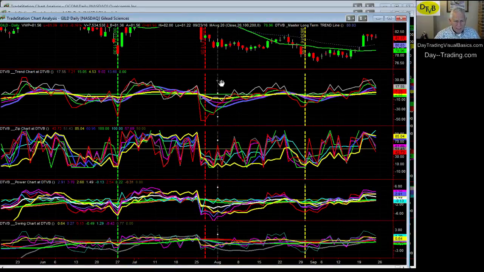Now, when this gray line is right here, trend red is just about ready to cross over the green line, the trend green. And so trend red crosses over trend green and we get a green candle. So now trend red is above trend green, and as long as it stays above trend green, we're in an uptrend.